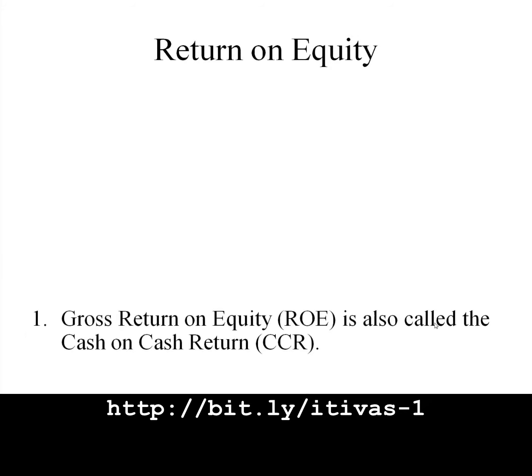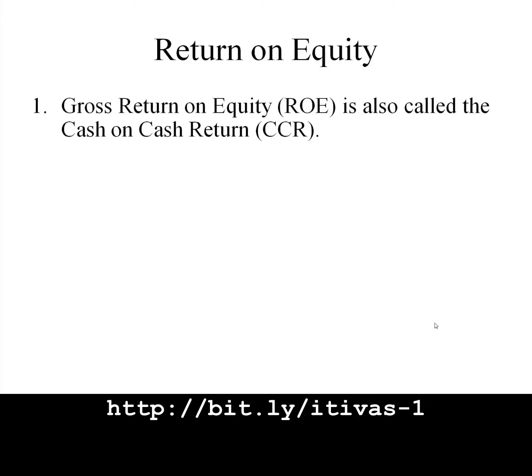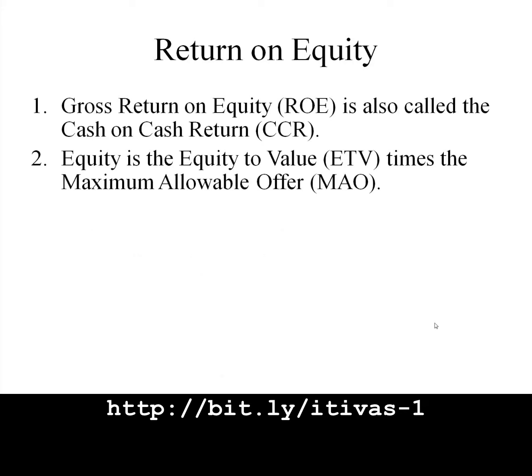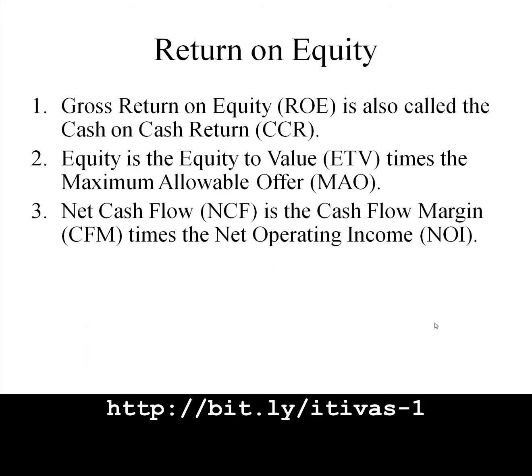Return on equity. Gross return on equity, ROE, is also called the cash-on-cash return, CCR. Equity is the equity to value, ETV, times the maximum allowable offer, MAO. Net cash flow, NCF, is the cash flow margin, CFM, times the net operating income, NOI.